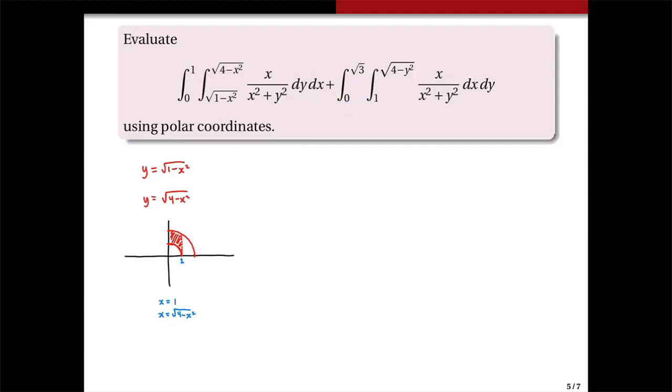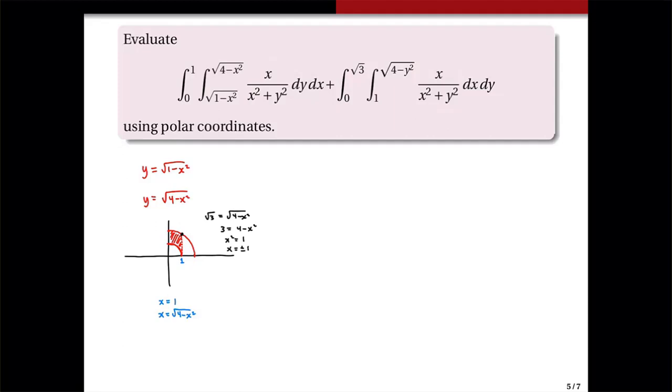Y equals square root of 3. If you check this part here, y equals square root of 3, we have square root of 3 equals square root of 4 minus x squared, or 3 equals 4 minus x squared, or x squared equals 1. So x is equal to plus or minus 1, but anyway, x is equal to 1.